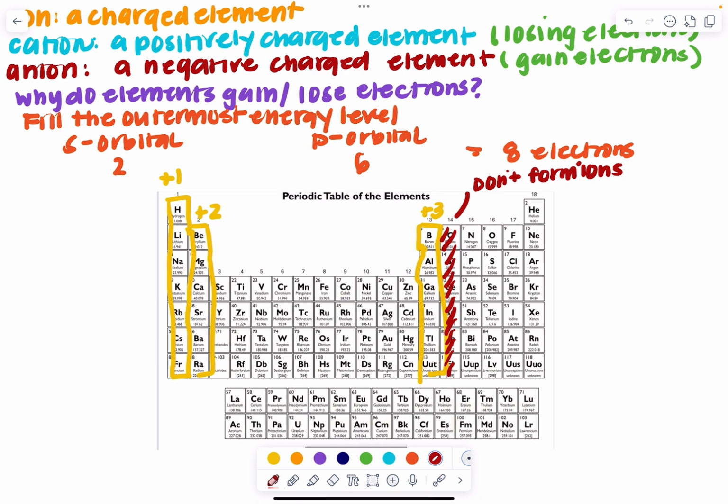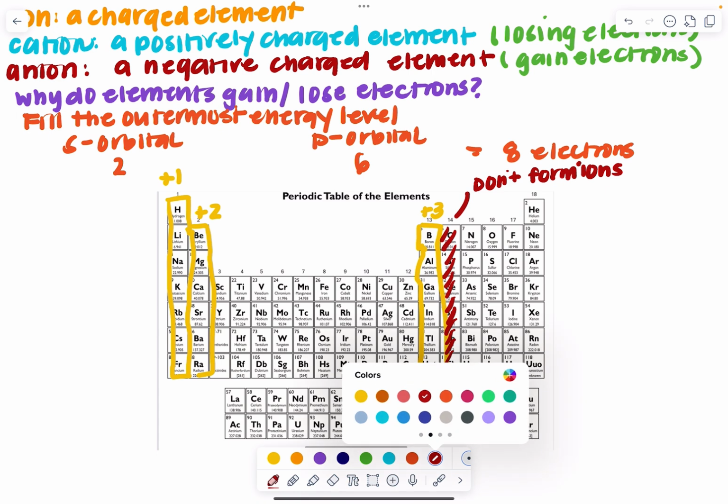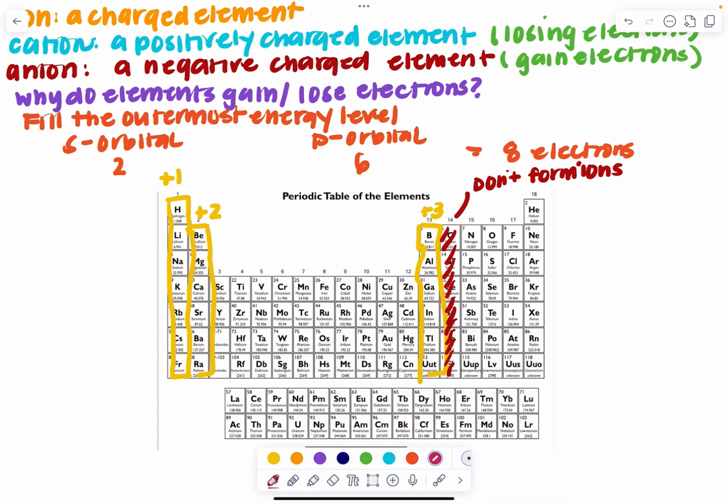And on the opposite side of the periodic table, we can say that everything in group 15 has 5 valence electrons. We're going to add 3 to get to 8, so that's a -3 charge. And basically the same reasoning for group 16 and 17, except it's -2 and -1.